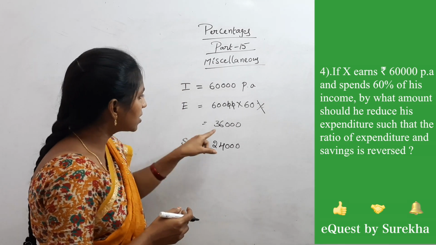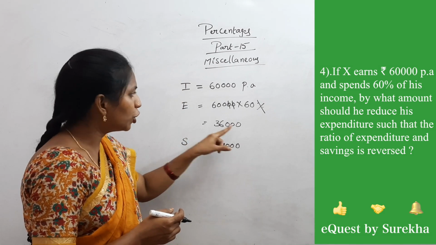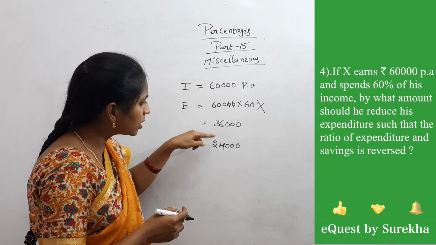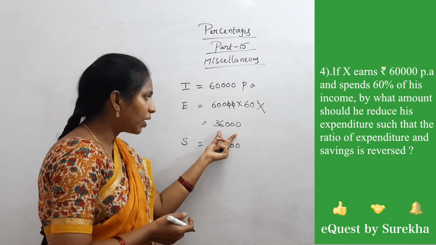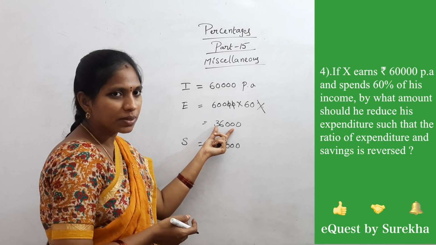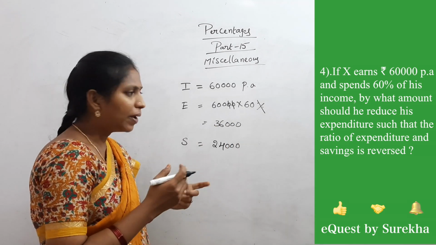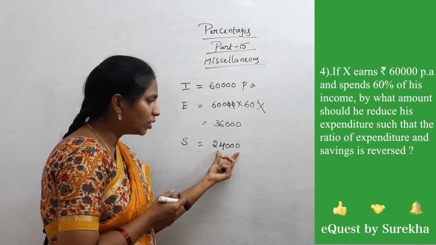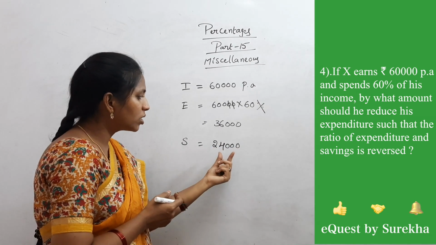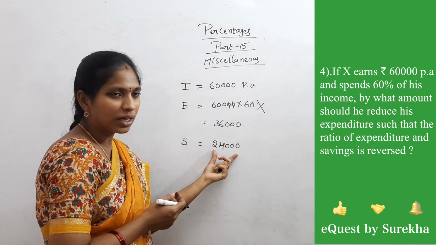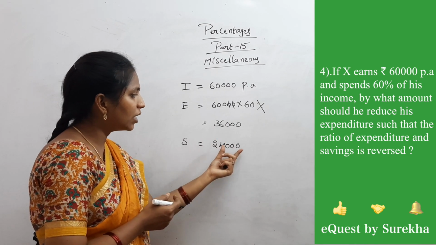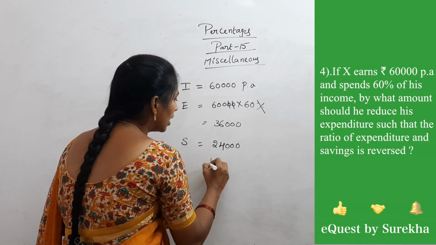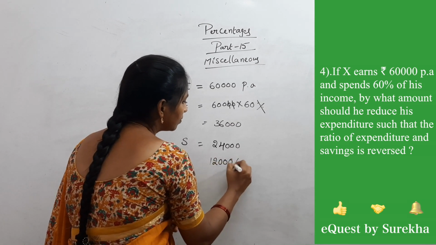Here expenditure is 36,000. We should make this 36,000 equal to 24,000. We should subtract 12,000 from this. And we should make 24,000 to 36,000. So we should add 12,000. So what is the difference in between these two, 36,000 and 24,000? That is 12,000.